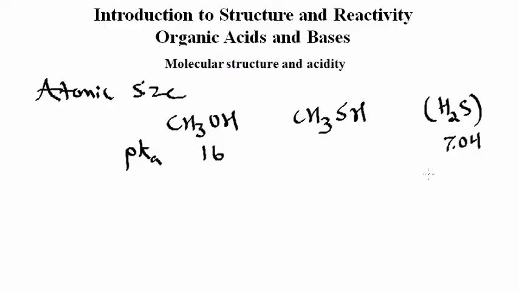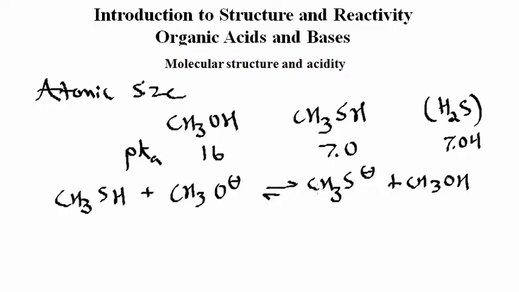The pKa of hydrogen sulfide, H2S, can be found in most tables, and it's given as 7.04. If we assume that the substitution of a methyl group for a hydrogen makes only a slight change in acidity, then we can estimate that the pKa of methane thiol is about 7. Therefore, methane thiol is the stronger acid, and methane thiolate ion is the weaker conjugate base.